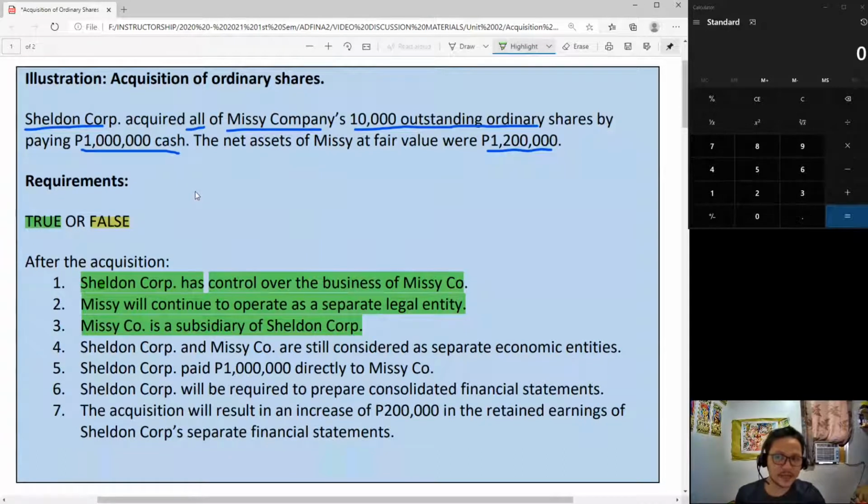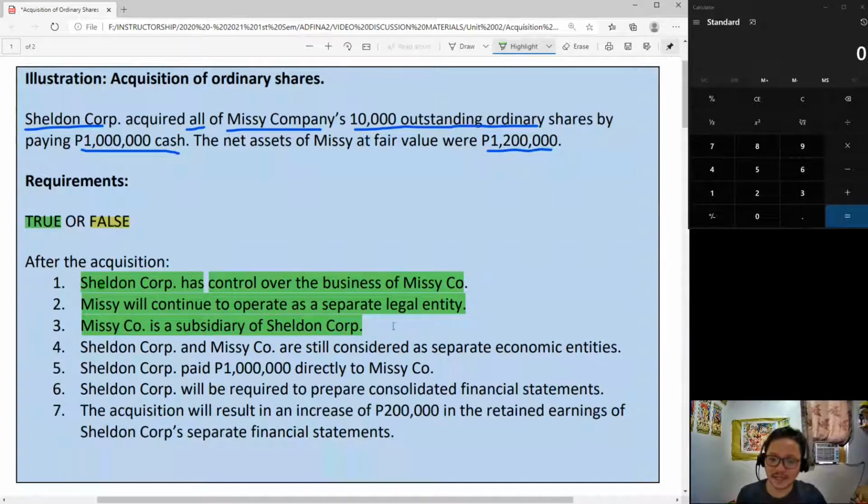Ang ibig sabihin po nito, si Sheldon Corporation magpre-prepare ng financial statements niya, di ba? And Missy Company, being a separate corporation, will also prepare a set of financial statements. However, for BIR purposes, taxation purposes, those financial statements must be merged into one.